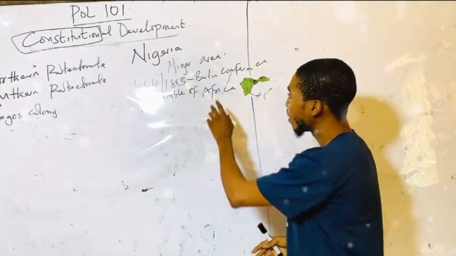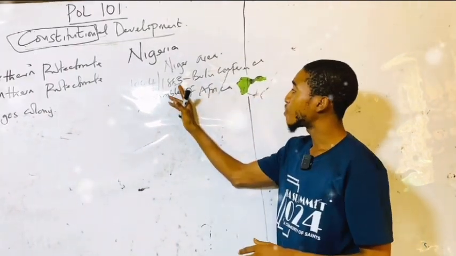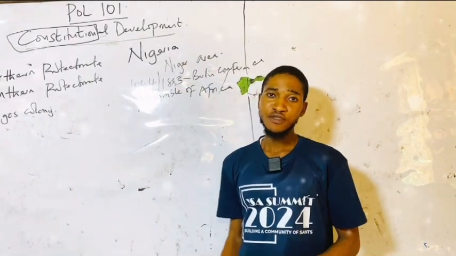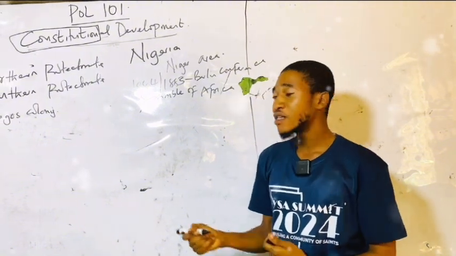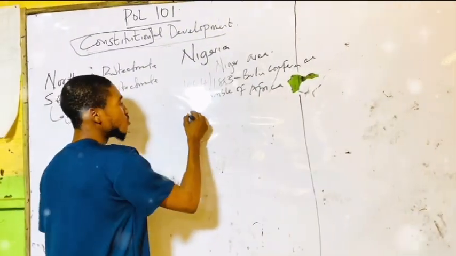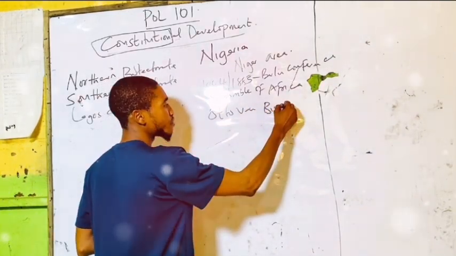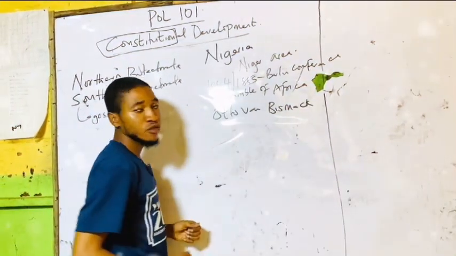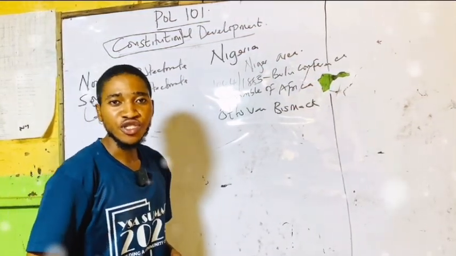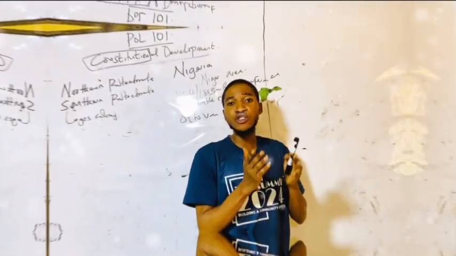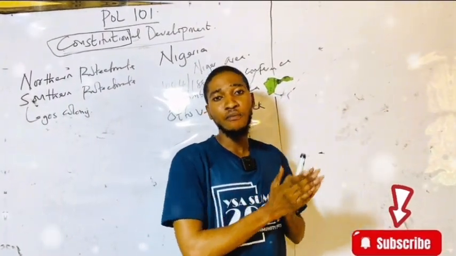That conference was held in Berlin, and Berlin was the capital of Germany. This conference was headed by the head of Germany then, who was Otto von Bismarck. So the man called the meeting in order to share African countries into regions to the colonial masters.